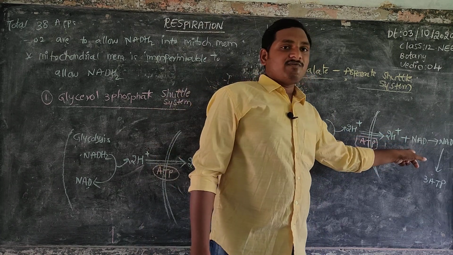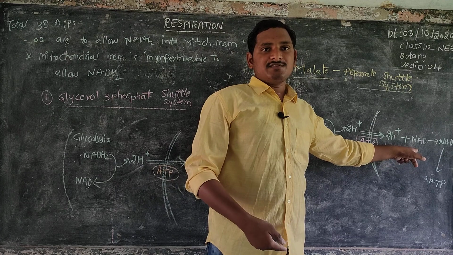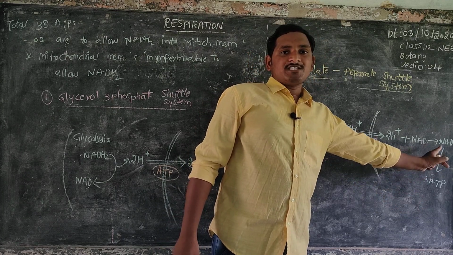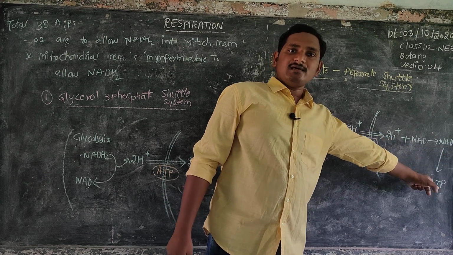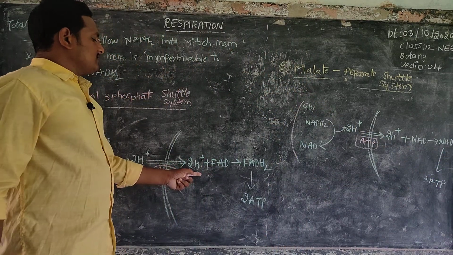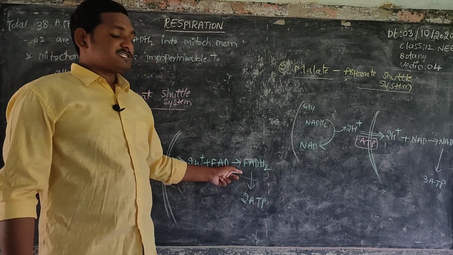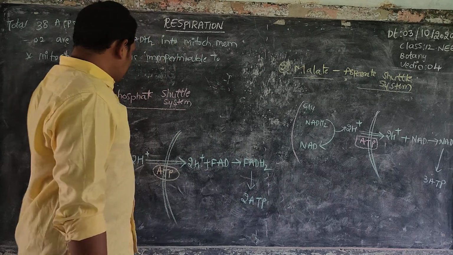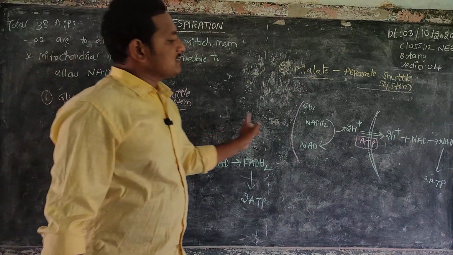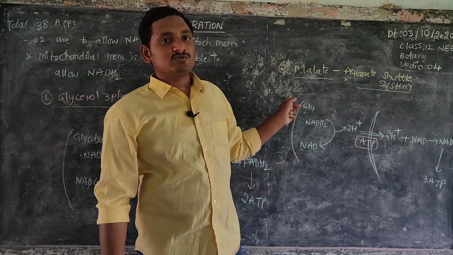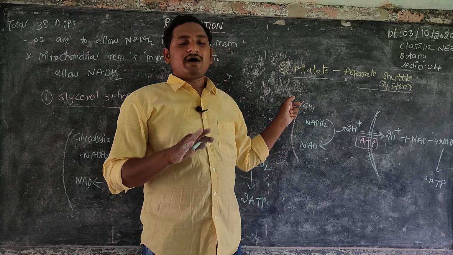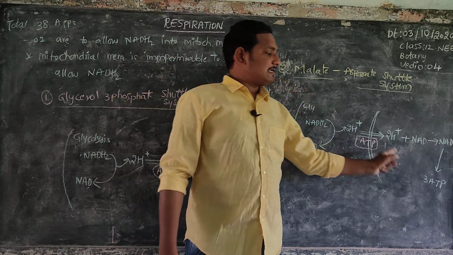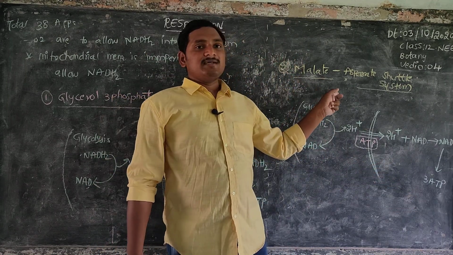If protons are added to NAD, forming NADH2 gives ultimately 3 ATPs. When these protons combine with FAD to form FADH2, it ultimately gives us only 2 ATPs. It is the exact correct system to pump NADH2 ions as protons into the mitochondrial membrane and give us ultimately 3 ATPs. That is the malate aspartate shuttle system.